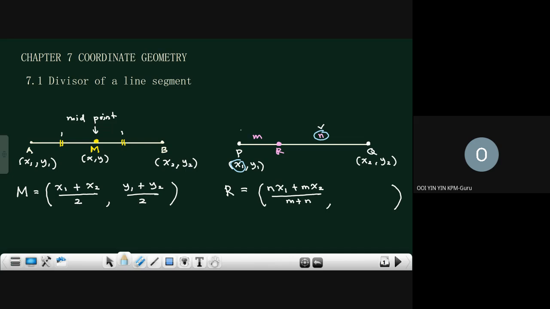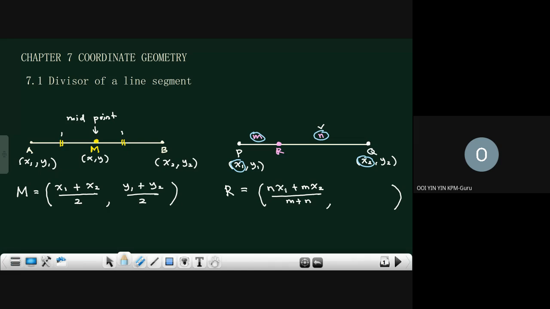You multiply with the ratio on the other side, not its own ratio. Then your x also the same, you multiply with the other side ratio n. That's why m is flipped, because I want to put x1 here, x2 here, so it's easy for you to remember.